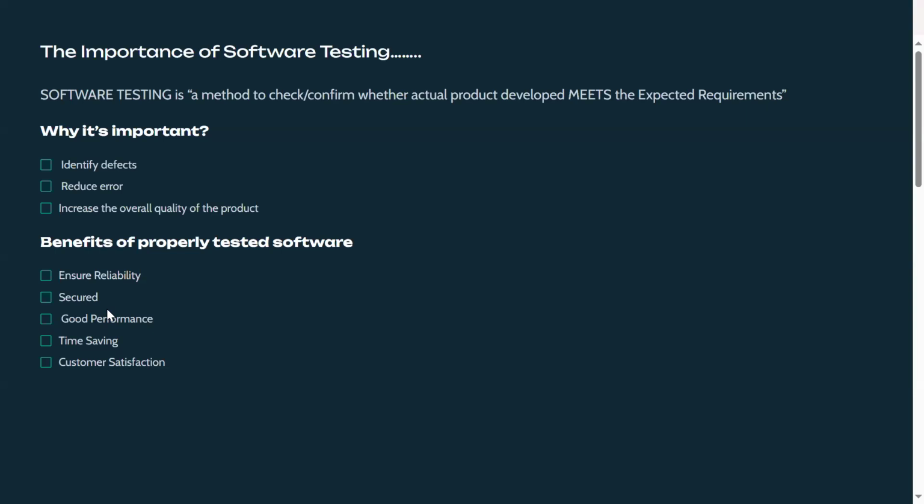So if you perform proper software testing, then you will never face any issues in the real environment or the production environment. So that's why the benefits of properly tested software are reliability, security, good performance, time saving, and customer satisfaction. Okay.